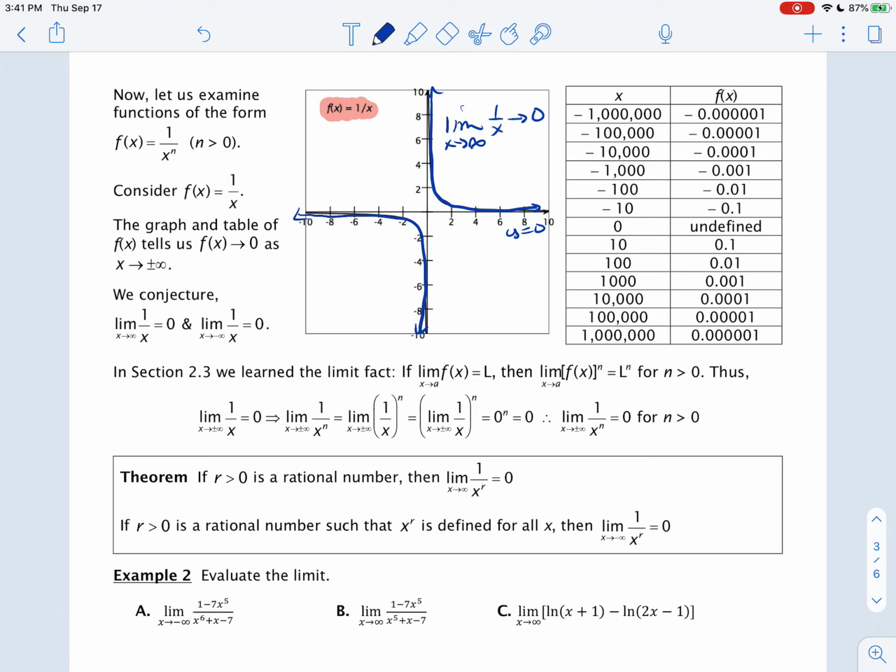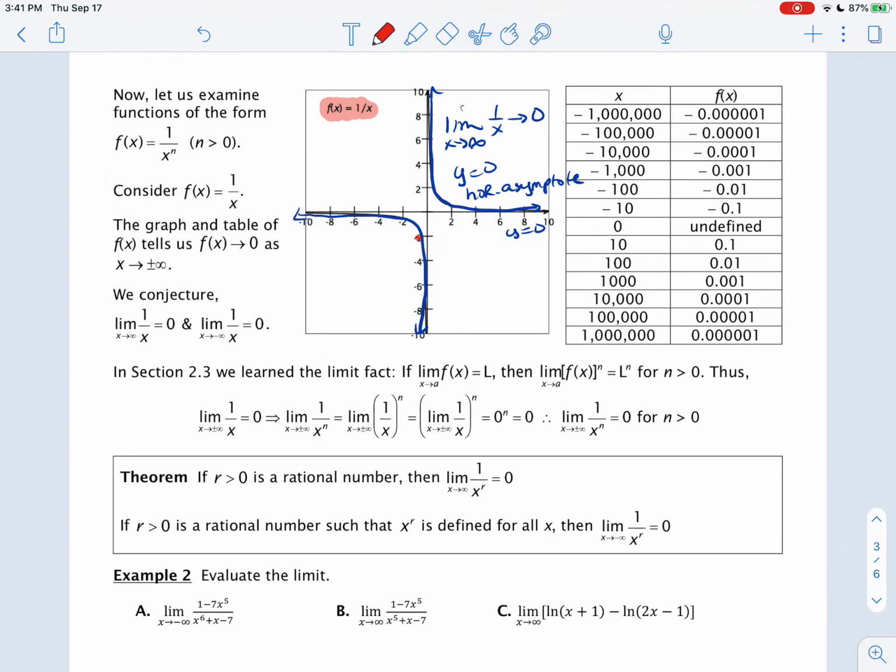It will never achieve the value of 0, but it will get really, really close to it. So we conclude that the line y equal to 0 is a horizontal asymptote, and that we define the limit of 1 over x as x approaches infinity to be 0.